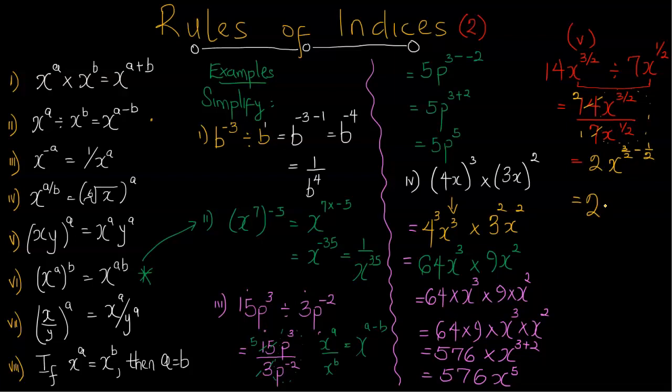Now 3 over 2 minus 1 half, since the denominators are the same, is just 3 minus 1 over 2. This is 2x, 3 minus 1 is 2, this is 2 over 2, this is 2x raised to the power of 1, and my final answer is 2x.